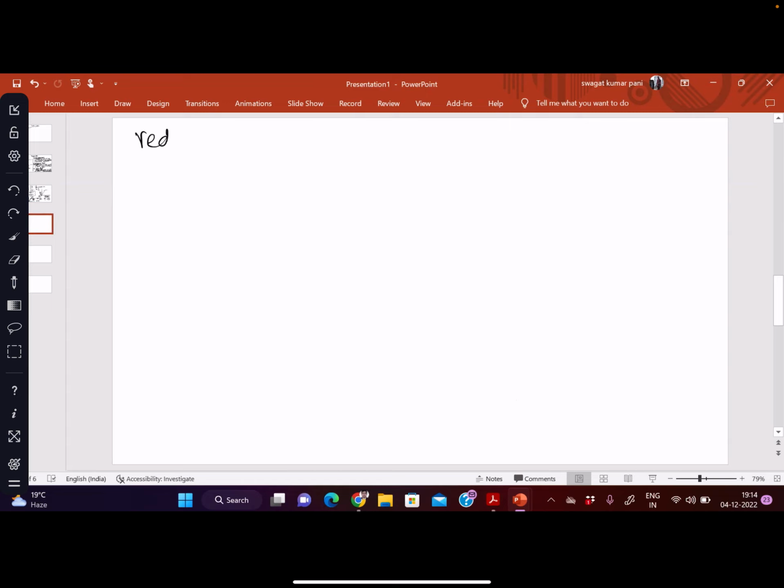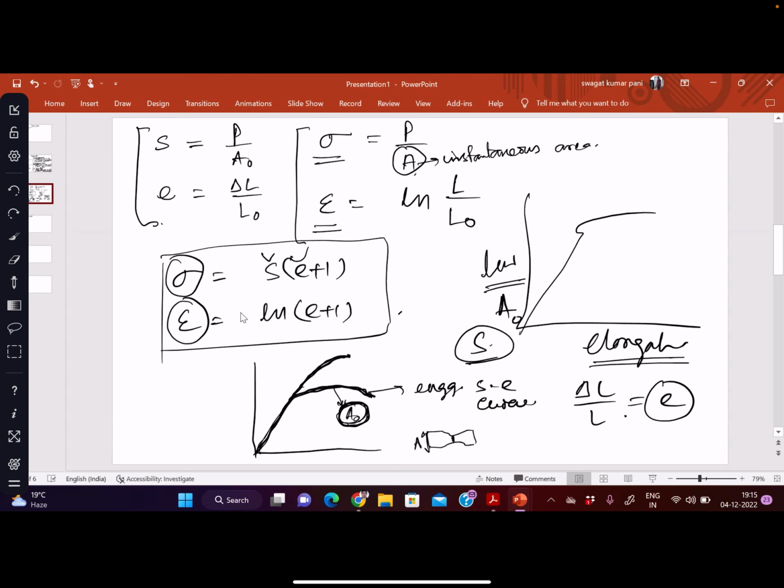So one important factor is reduction in area. That explains why, because what is our engineering stress, that is P by A0. Suppose we have the sample, I'll draw here.